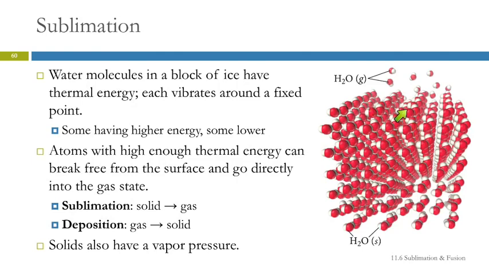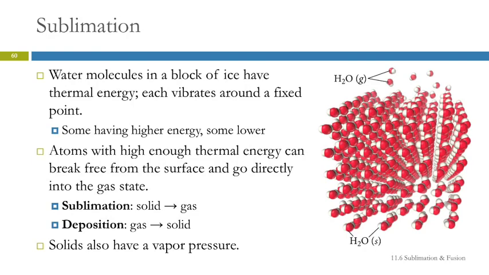Particles with high energy that happen to be near the surface of the solid may be able to escape the intermolecular forces that are holding them together. So there's one particle at a time just escaping completely. It's not melting, it's not forming a liquid, it's just escaping into the gas phase, and that's sublimation.